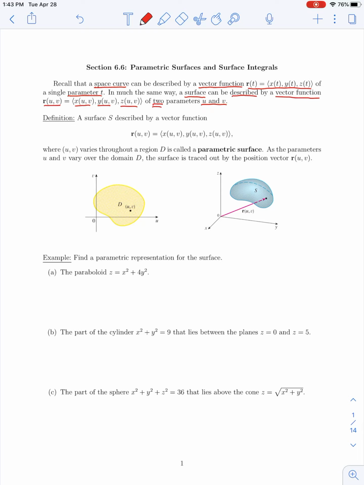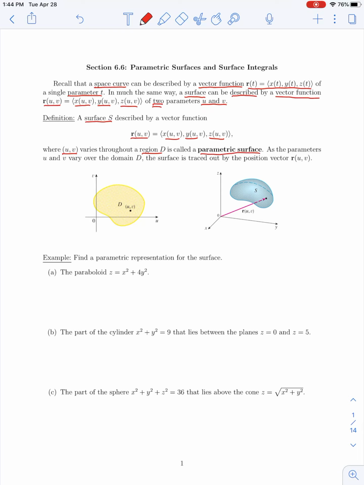So our definition here: any surface, let's call it S, which can be described by the vector function r of uv, which has component functions x, y, and z of uv, where the parameters u and v vary throughout some region D, is what is called a parametric surface.